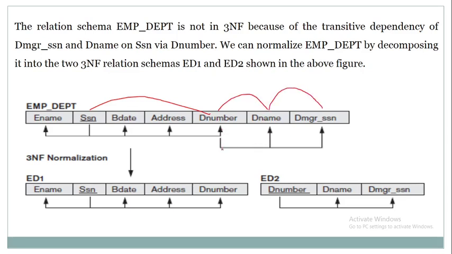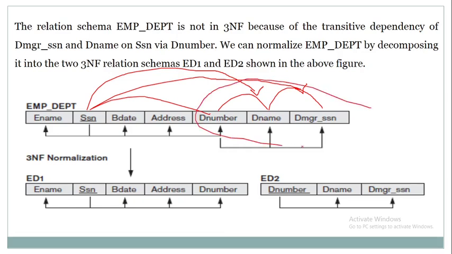This is a functional dependency: department number determines department name and manager SSN. So there is a transitive dependency here, that is SSN can determine department name and SSN can also determine department manager SSN according to transitive dependency. So we need to split this and decompose the table.